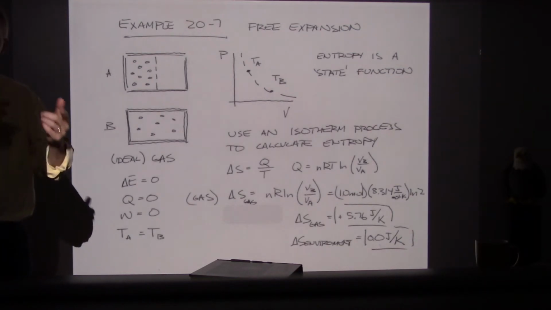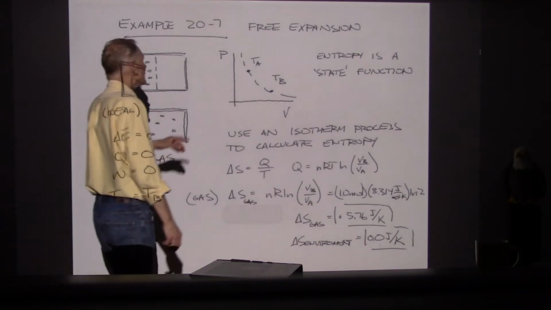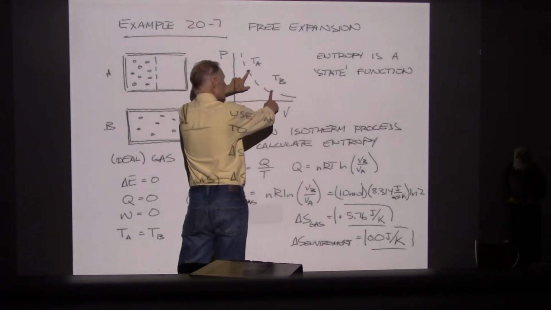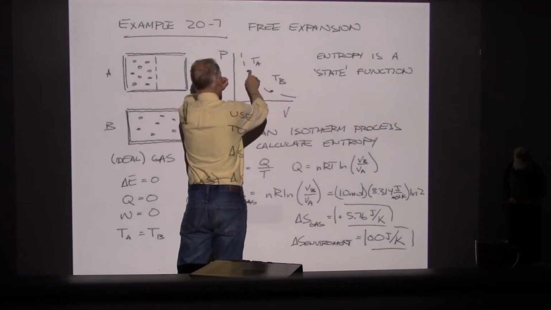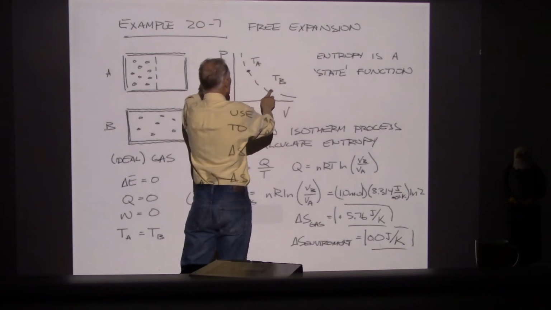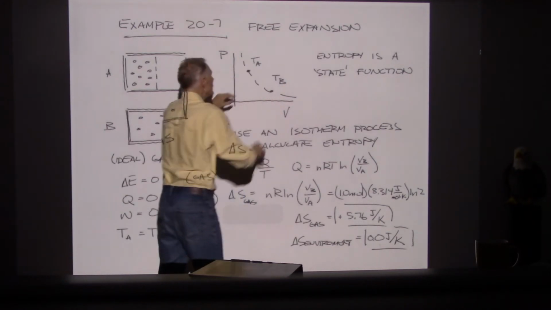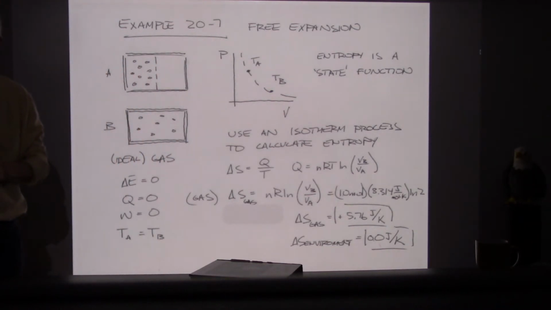So W and Q depend on what path we took. Whereas internal energy and entropy don't. Internal energy and entropy say, if I start out at a set of conditions at point A, and I end up at a set of conditions at point B, I could take a direct route, a roundabout route, or a crazy route, but the difference in internal energy and the difference in entropy at the end of the day will be the same independent of what path I took.